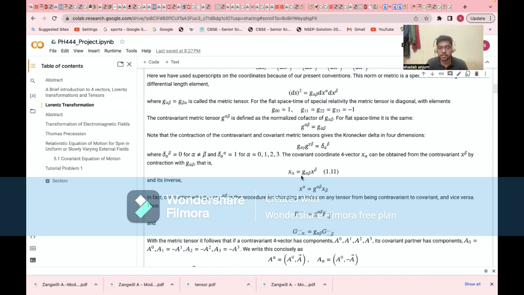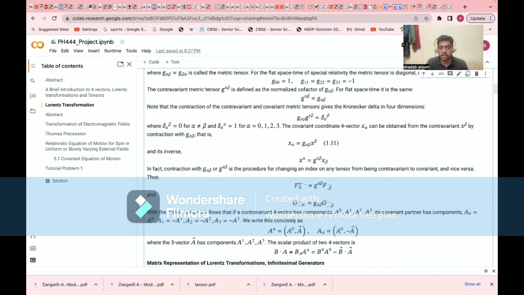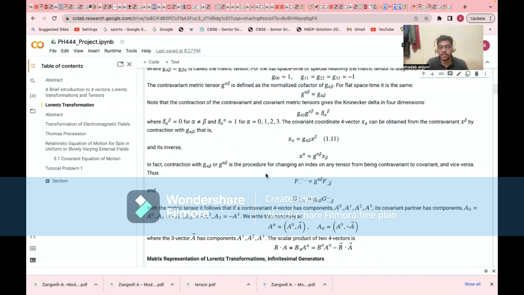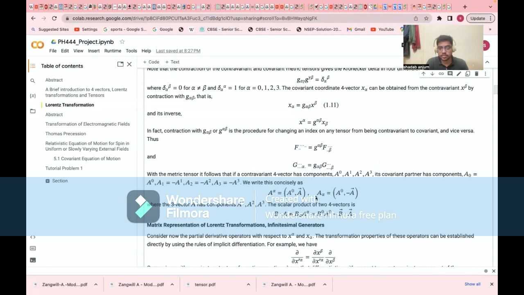Just take this and the vector A. This matrix is actually used to change the indices, upper to lower, whatever you want. And this is simple. If these are the components of a contravariant 4-vector, you multiply it to change it into a covariant 4-vector.